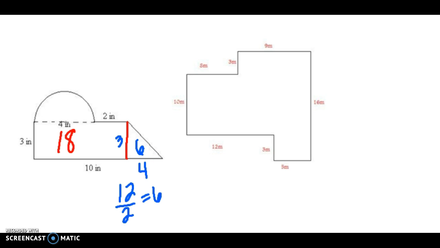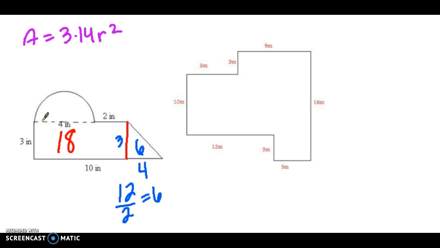So now those two are pretty easy, but now I'm left with my semicircle. The area of a circle is pi times radius squared. 4 is the diameter of this semicircle.